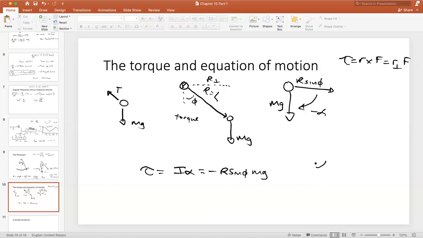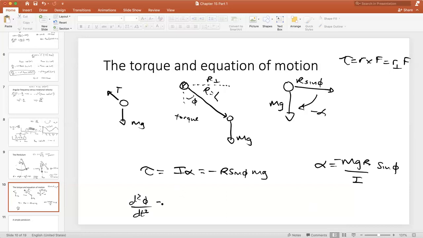I want to write this as alpha is equal to negative mgr over I times sine of phi. Now, when I look at this, I know that alpha is actually the second derivative of phi with respect to time. That's what alpha means.